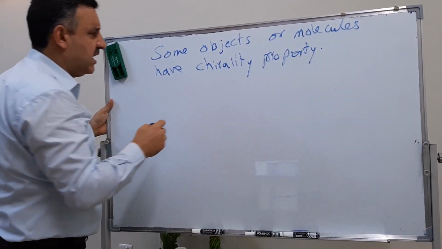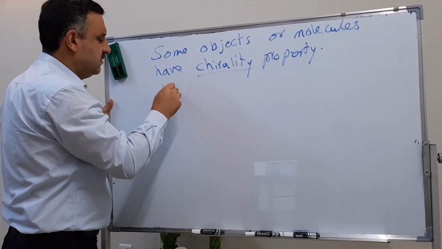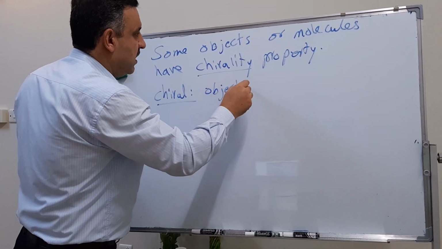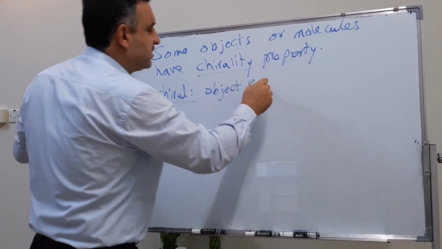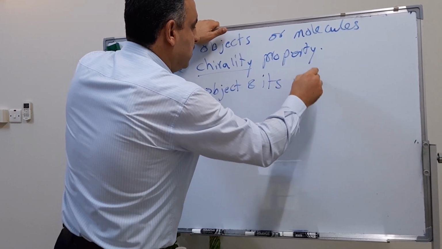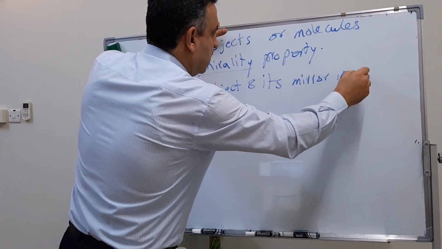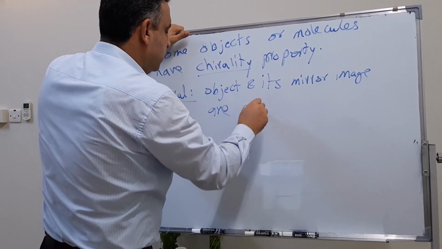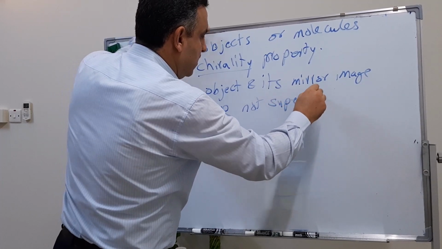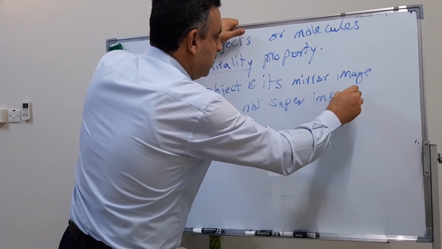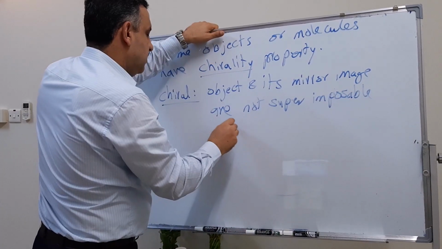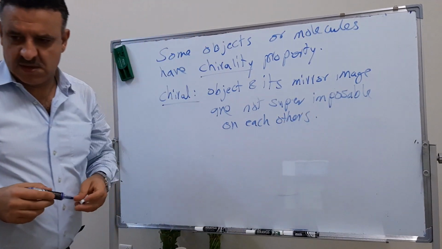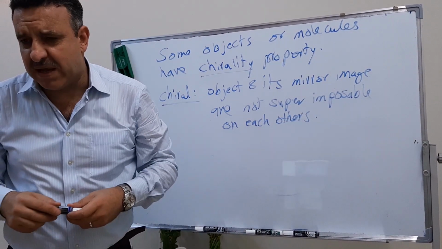And what we mean by chiral is that the object and its mirror image are not superimposable on each other. Is that clear, what I mean by chirality?